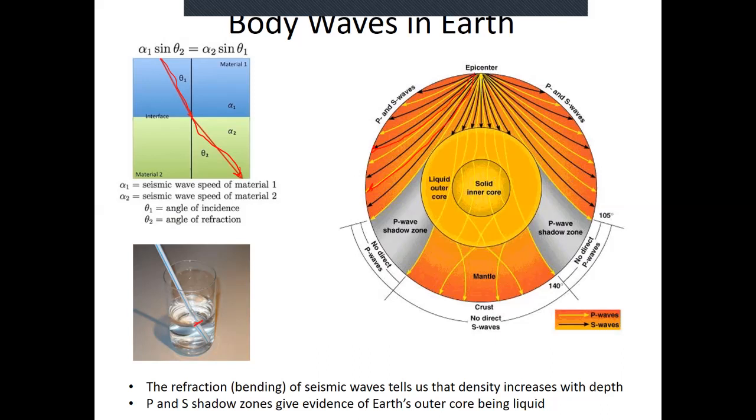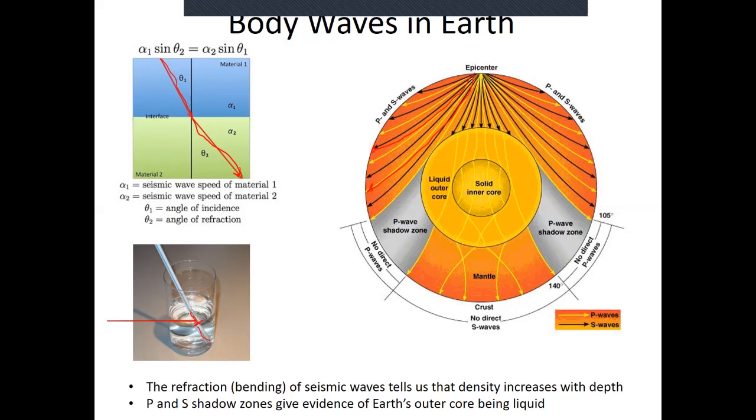And that's why it looks like this straw is discontinuous. It's because your brain thinks that the straw is where it's located in the direction the light is coming from. But actually, the light is bent on its path from the straw to your eye because it bends when it leaves the water and enters the air.